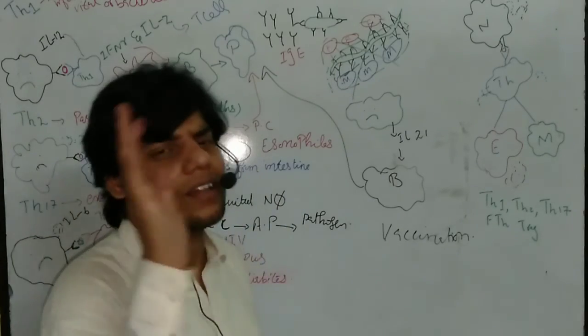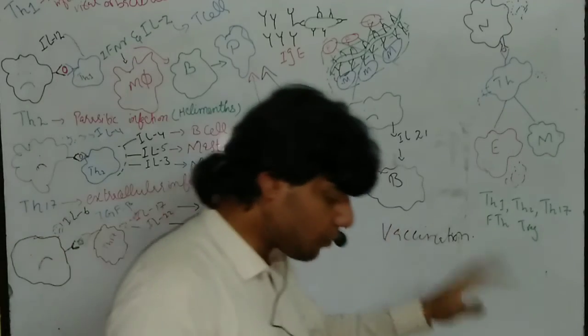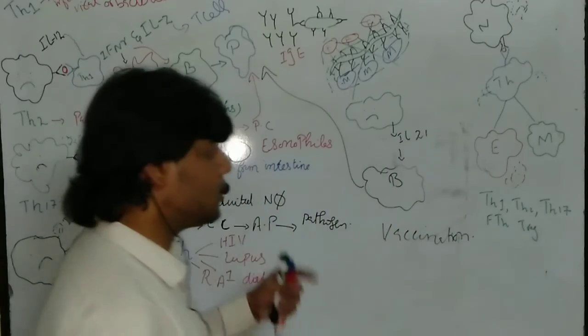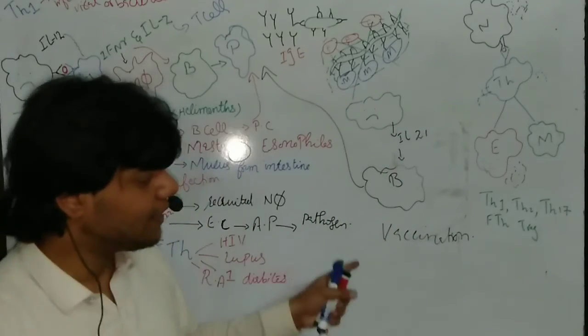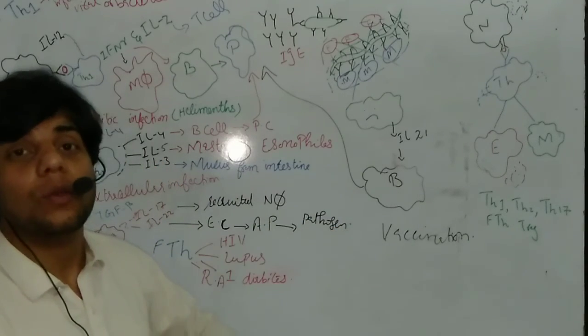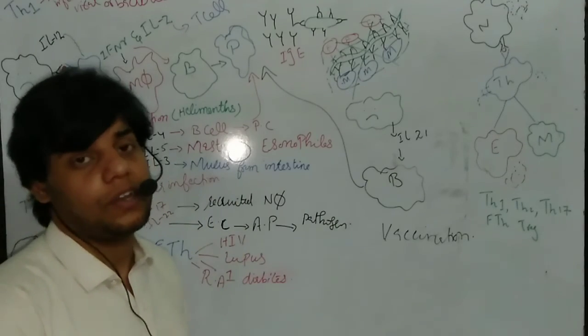It is another large and huge topic, but we can say that follicular helper T cells are also involved in the formation of a vaccine or vaccination process. Why? Because they secrete those antibodies which are needed.